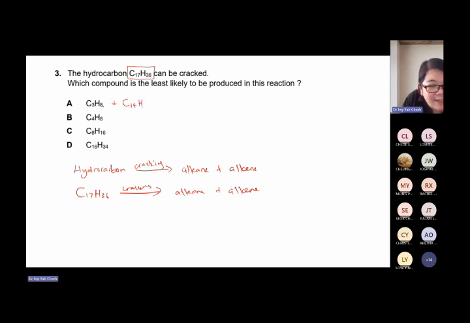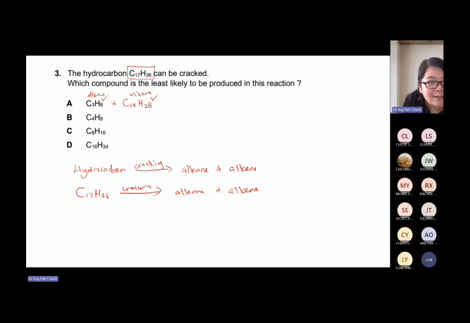H36 minus 8 will be, hold on, very bad at calculation, 28. So this is an alkane, and then this one alkene. So is it possible to have this alkene? Yes, the answer is yes. So this one is also likely to form.